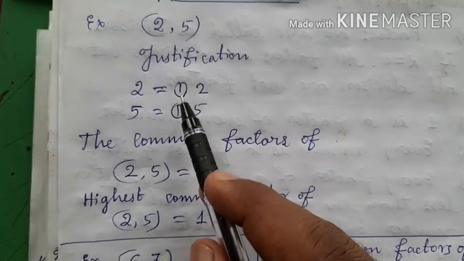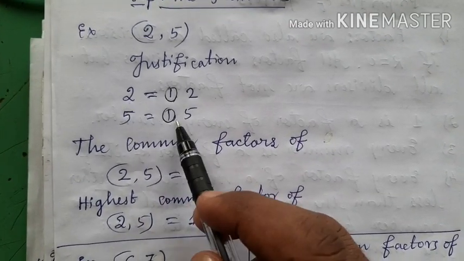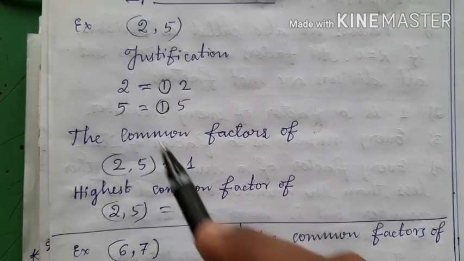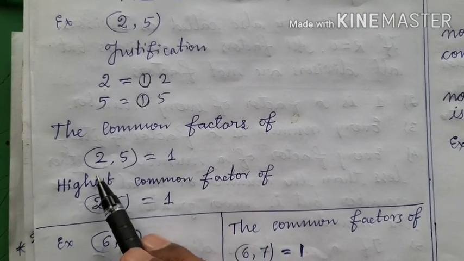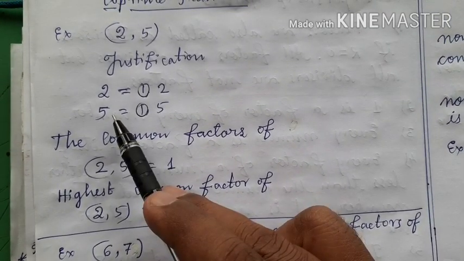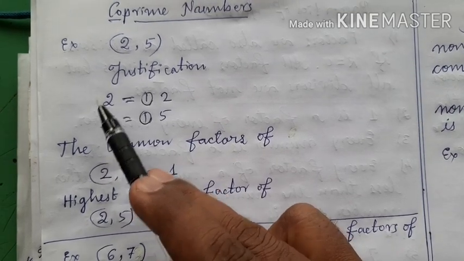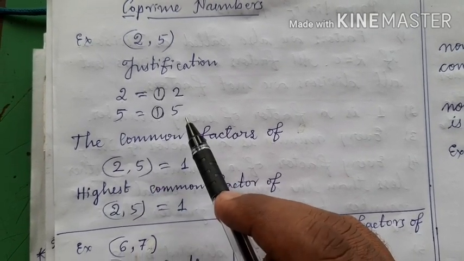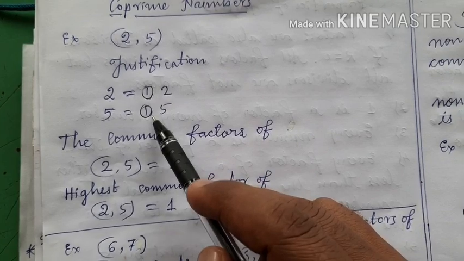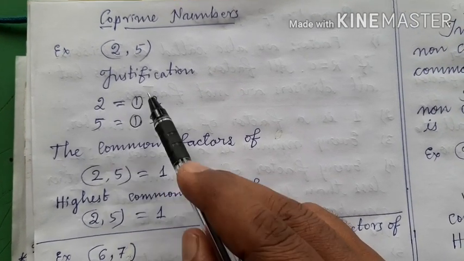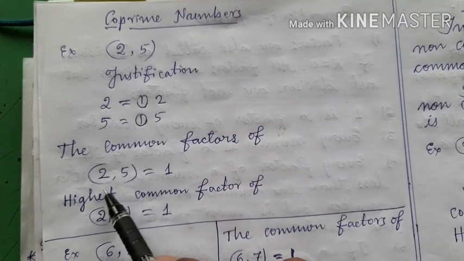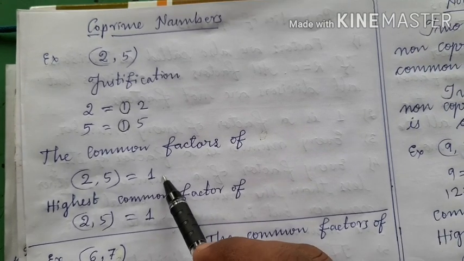Do you know why? 1 divides 2 also, 1 divides 5 also. Other than 1, do these numbers have a common factor? No. 1 is the only common factor of 2 and 5.